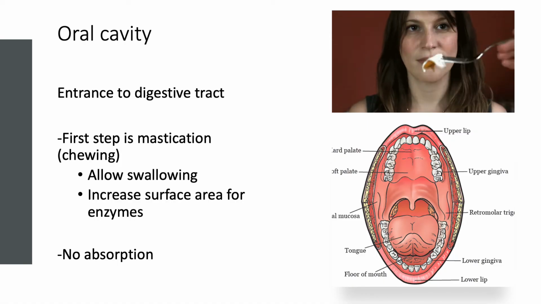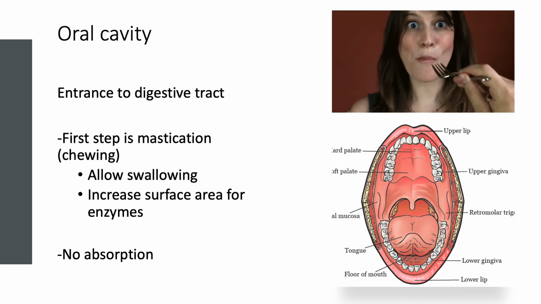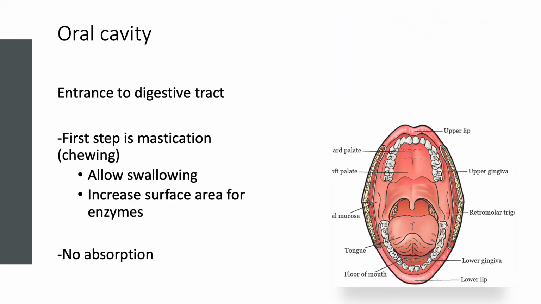Mechanical digestion, specifically mastication, begins within the oral cavity, the entrance to the digestive tract. So we see that mastication helps break down the food into smaller pieces that allow us to swallow it, and it also, by breaking into smaller pieces, increases the surface area of that ingested material to the enzymes that are needed to help break it down.